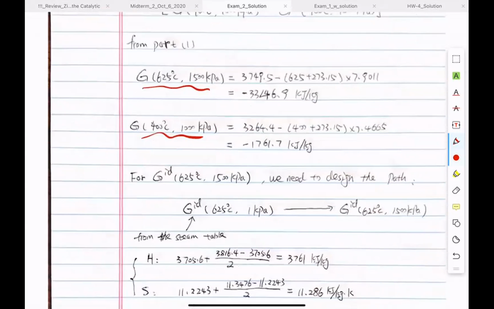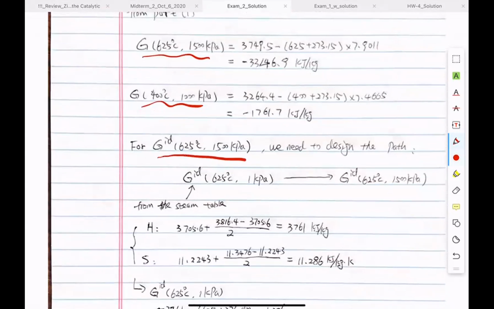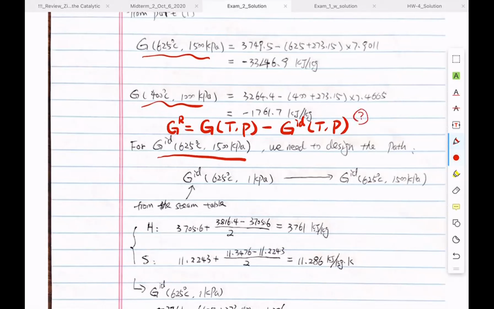For the ideal gas behavior of that condition, say G of R, which is G of T,p minus G ideal of T,p, we don't have that information from the steam table regarding the entropy or enthalpy of the high temperature, high pressure ideal gas.